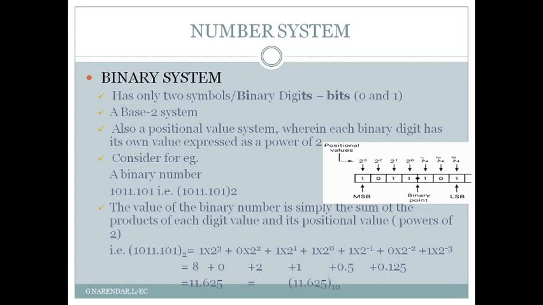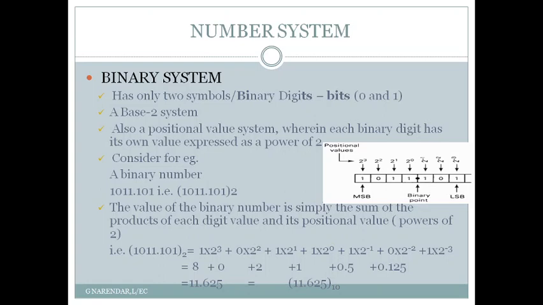So to find the value of the given binary number, what you have to do is multiply each digit with its corresponding positional value, and here it will be a power of 2. After that, add all the products, and that will give you the value of the binary number.